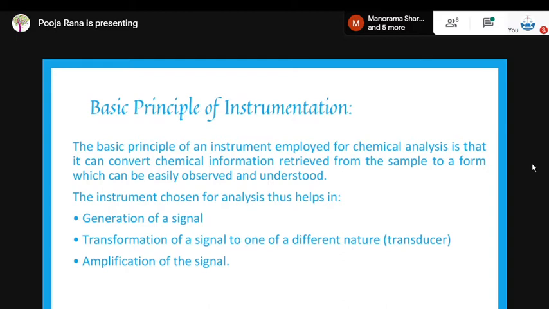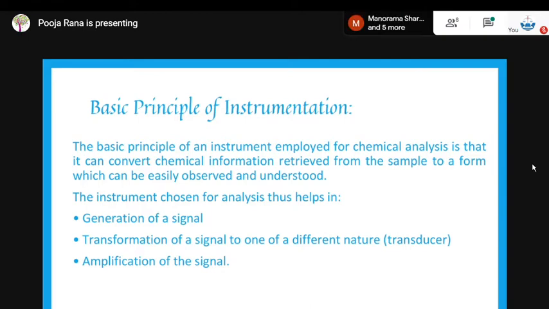Now, first of all, qualitative analysis would be done. Qualitative analysis means checking the quality of that particular sample, right? By quality, I refer to the structural analysis, or how that particular evidence is appearing.